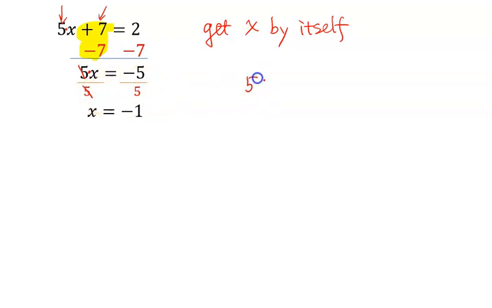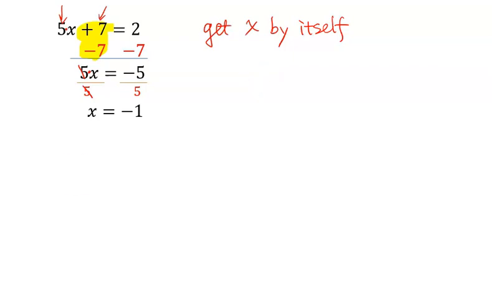Again, because we have 5x, in order to get rid of the 5, we cannot subtract 5, because this is multiplication here, and also 5x and 5 are not like terms, so we will not be able to get rid of 5. They cannot be simplified. But we can do division, which is the opposite of multiplication, to get rid of the 5.